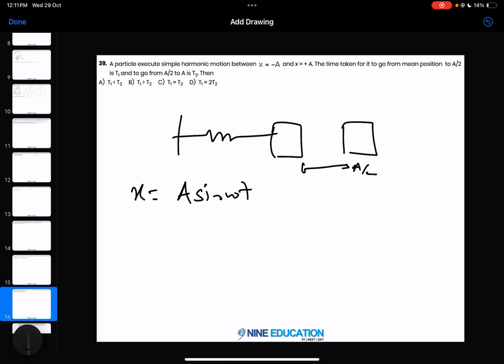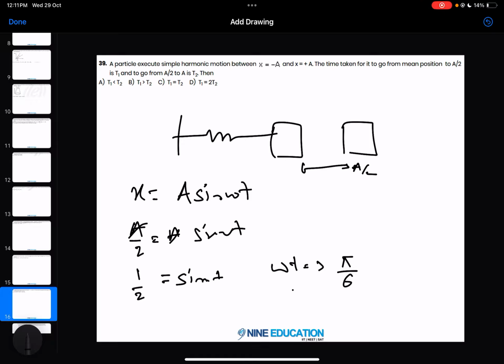Initially it is at mean position, now it is going to a by 2. So a by 2 equals a sine omega t, 1 by 2 is sine omega t. So omega t is pi by 6. We need to find the t value. So t is pi by 6 omega, which is t1.